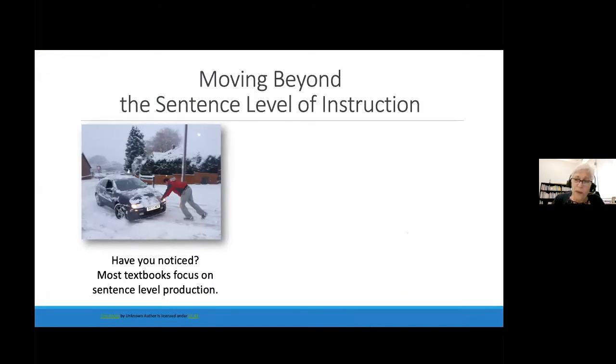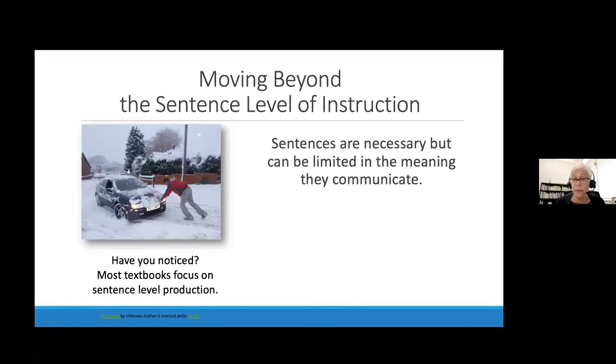And one of the main reasons why people get stuck at the sentence level is that textbooks, if you are a user of a textbook, tend to focus on sentence level production. Think about the activities that they ask students to perform. And that's why it's so important to bring in authentic texts where students can see paragraph level and work in the paragraph level in their responses to them.